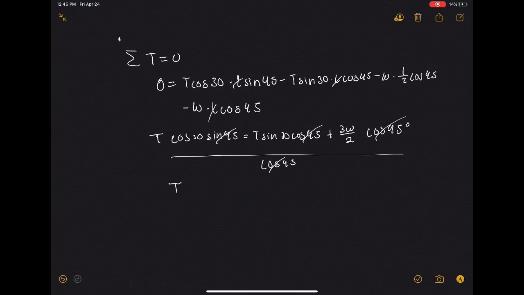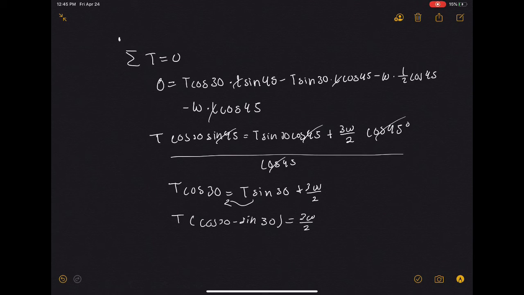So we got T cosine 30 equals T sine 30 plus 3W over 2. Now we can move this to the other side and factor it. That gives us T times cosine 30 minus sine 30 equals 3W over 2.